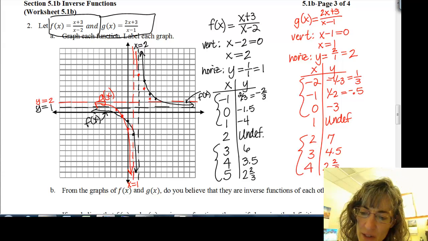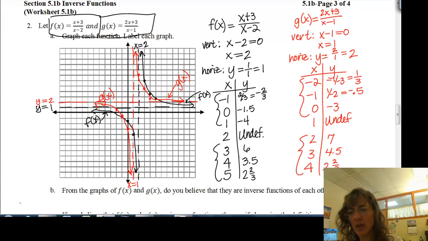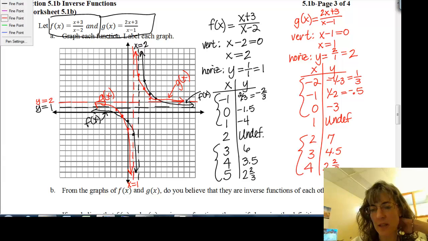Okay, there we are. And again, going to the red asymptotes. And that one is my g of x. Okay, so there's my two graphs.